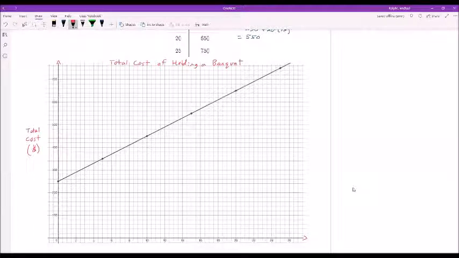So the horizontal axis here represents when the total cost is 0. Then if we go up here, we've got $100, then $200, then $300, $400, etc. Notice, of course, that the values on the vertical axis are going up by the same amount.